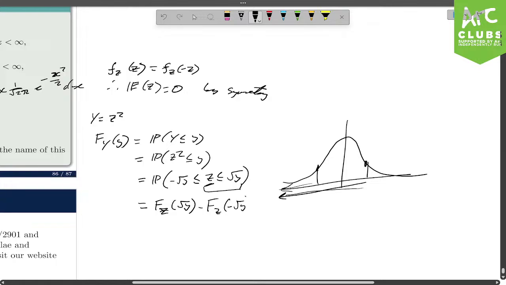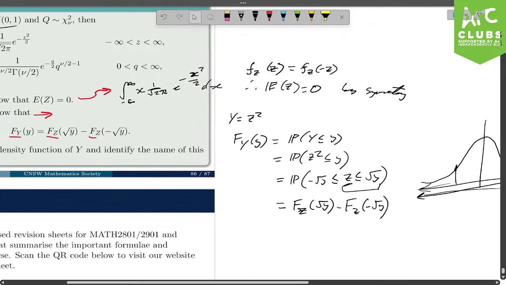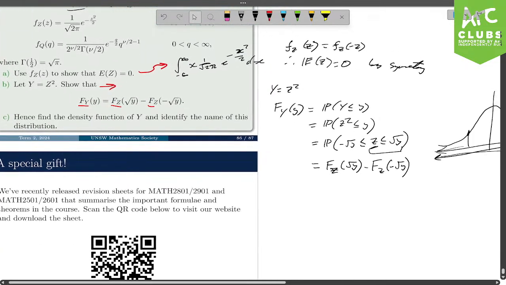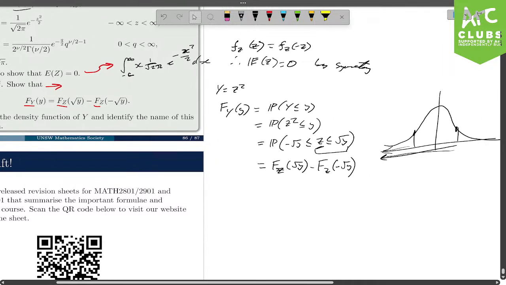F z of minus root y. Now, when we take the derivative of this, mind you, that's part B done. When we take the derivative of this, we can determine the density function of y. By taking the derivative with respect to y, that tells us that f of y at y is equal to 1 on 2 square root y of f of z, and then minus 1 on minus 2 root y, f of z at minus root y.